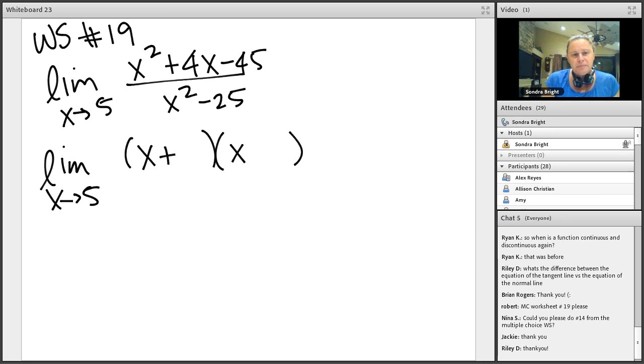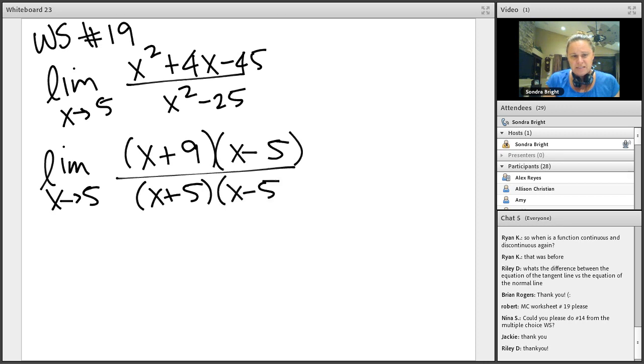The top would be x plus 9 and x minus 5, I believe. Looks like it to me. And then x squared minus 25 is the difference of two squares, so x plus 5 and x minus 5. Those cancel. Now you can plug in 5 and not be dividing by 0, right?